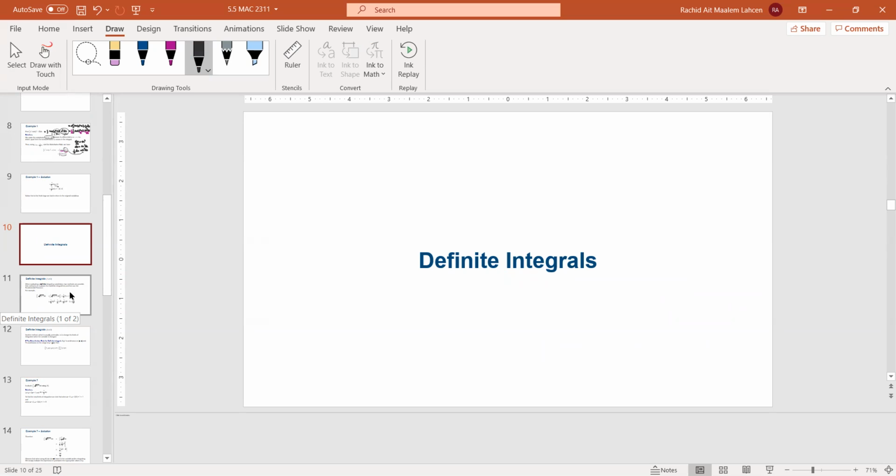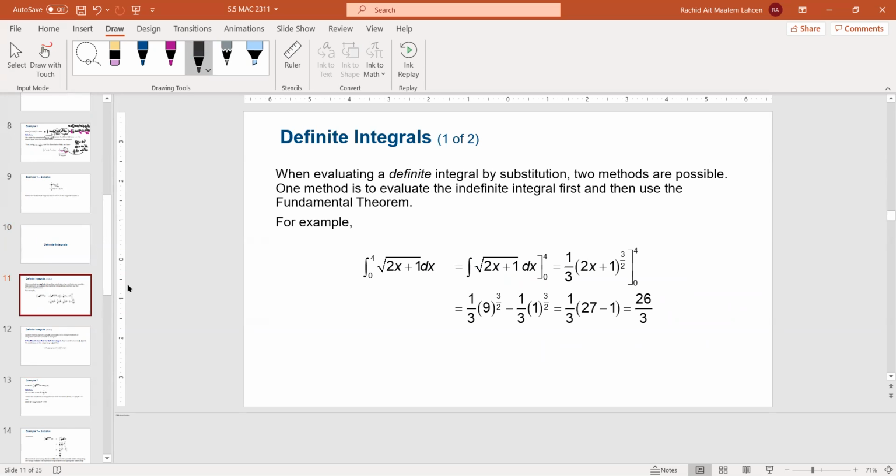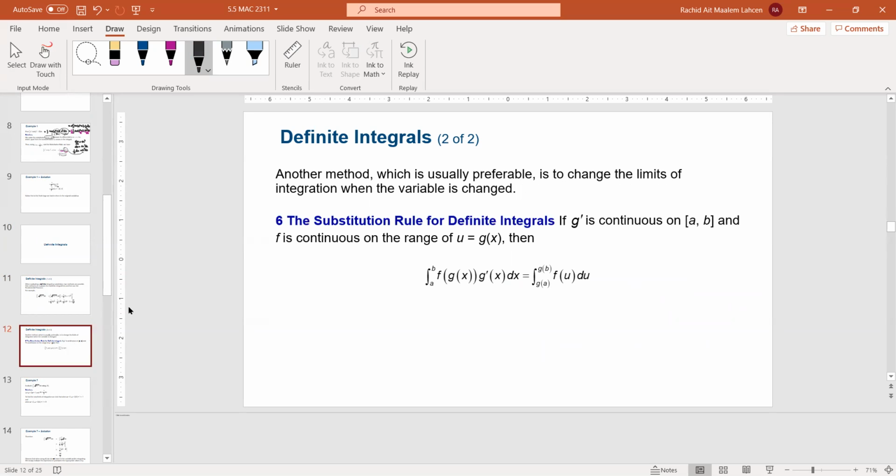But let's look at the definite integral part of it. Of course, it's possible to do it this way, but this is the one I like when it comes to definite integrals, because this idea is much bigger than this example when you work in different systems, and you'll see in math or in engineering or some other applications.